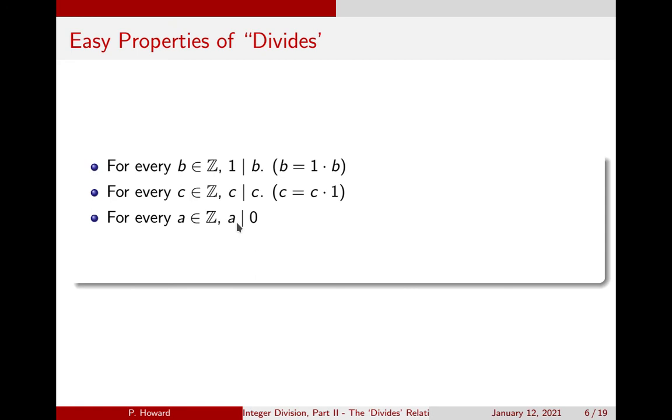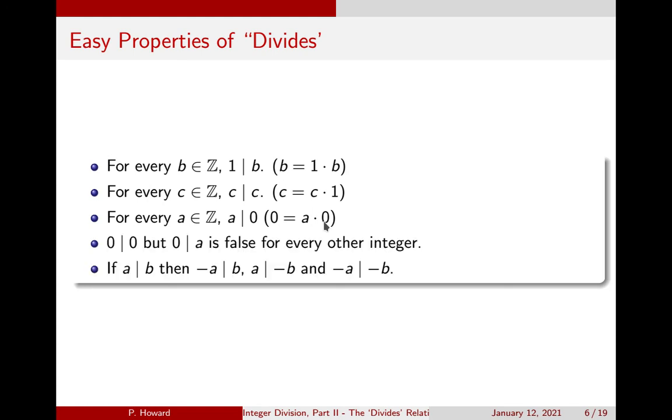So this is a general statement of the fact we looked at on the previous slide that 17 divides 0. You can factor 0 into a times another integer, the other integer being 0. 0 divides 0, as we noted before, but 0 divides a is false for every other integer a.